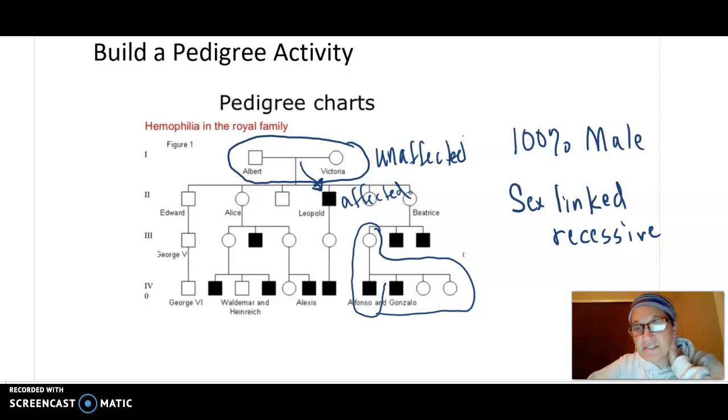Now, if an unaffected couple has an affected child, the only way that can happen is if one of those unaffected adults is a carrier, and carriers only happen when they're carrying a recessive allele that needs another recessive allele in order to be expressed. A dominant disorder cannot have a carrier because if you're carrying the dominant allele, then you also have the disorder. And so hemophilia is a sex-linked recessive trait.